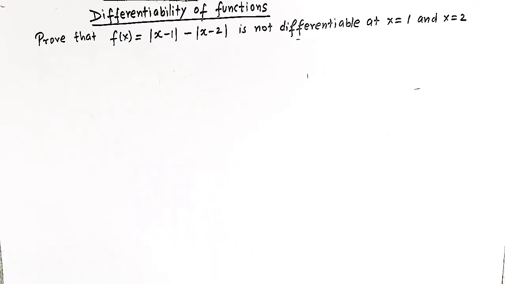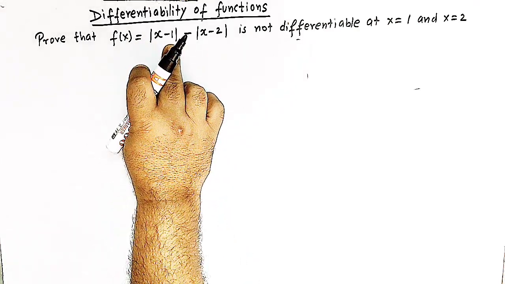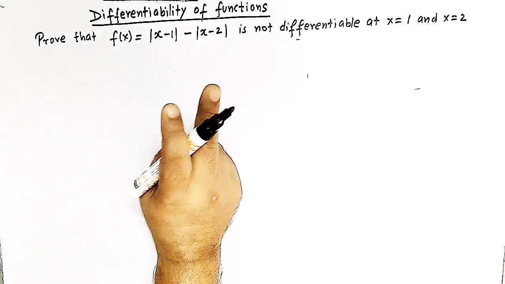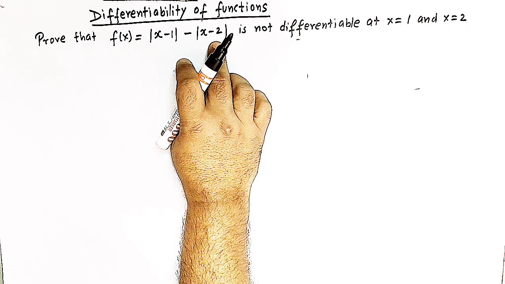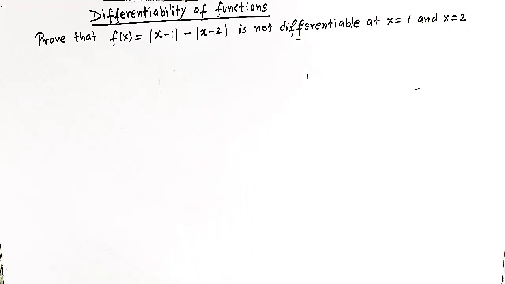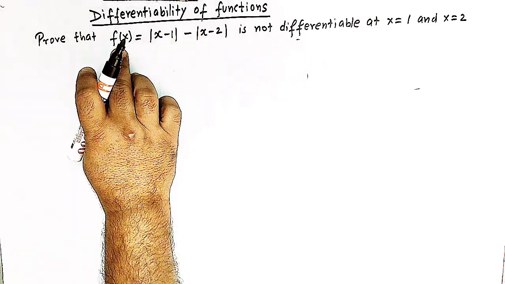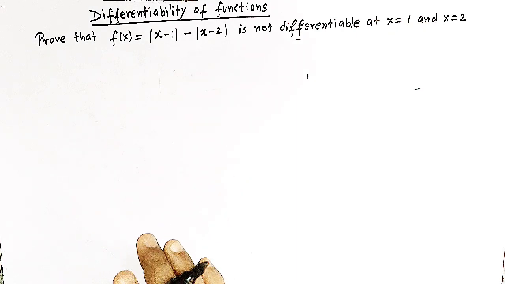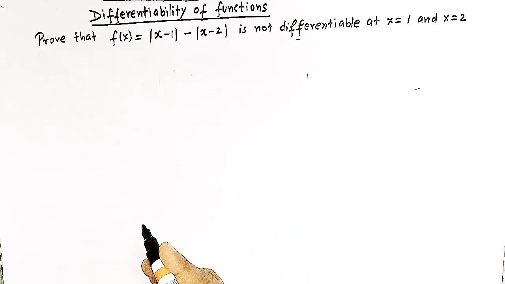So this function, that is mod of x minus 1, is continuous for all values of x. Similarly, mod of x minus 2 is also a continuous function for all values of x, and overall this function f of x is continuous for all values of x belonging to the set of real numbers.